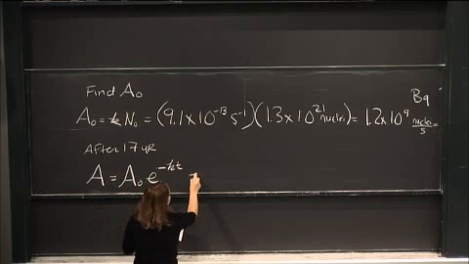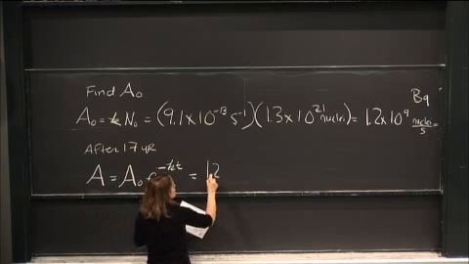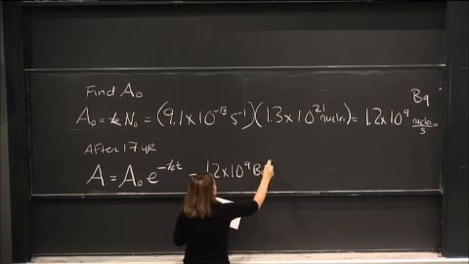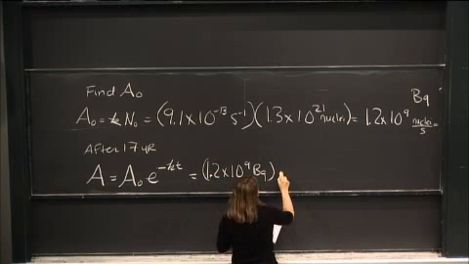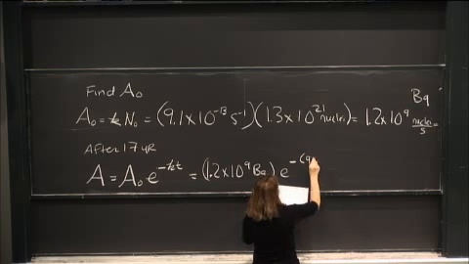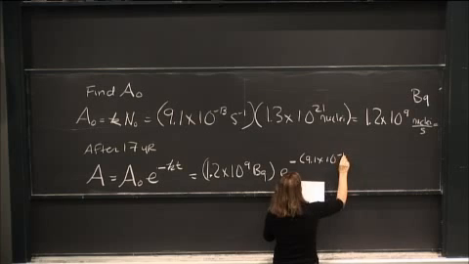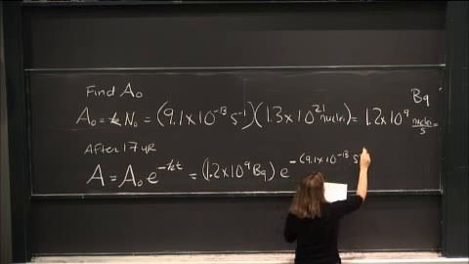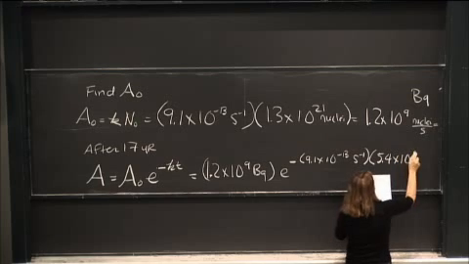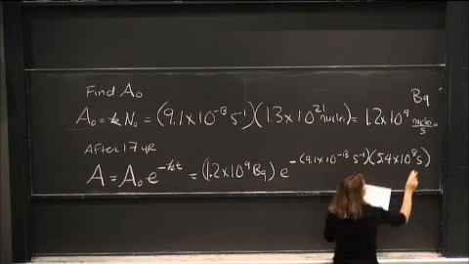And we can put in the activity that we just found, which is 1.2 times 10 to the 9 Bq times e to the minus k, which is 9.1 times 10 to the minus 13th per second, times 17 years, which in seconds is 5.4 times 10 to the 8th seconds.